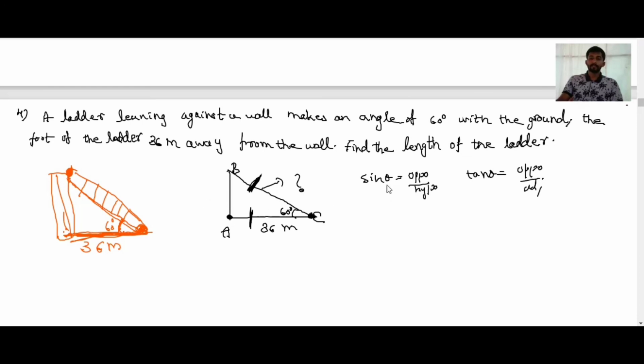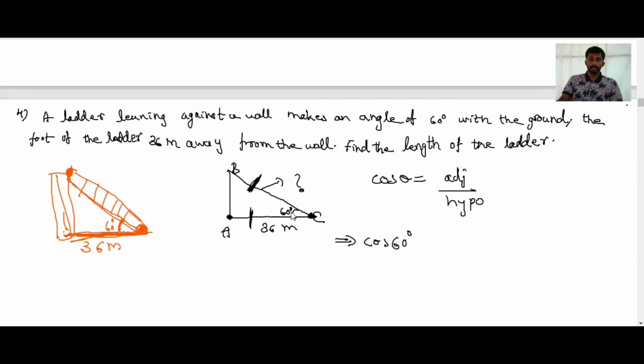Therefore it's not possible to use sin theta, as well as it's not possible to use tan theta. Then you need to find a trigonometric function which consists of both adjacent as well as the hypotenuse. It is the function cos theta, right? Cos theta is equal to adjacent side divided by the hypotenuse. Okay, this implies cos theta, that is cos 60 degree.